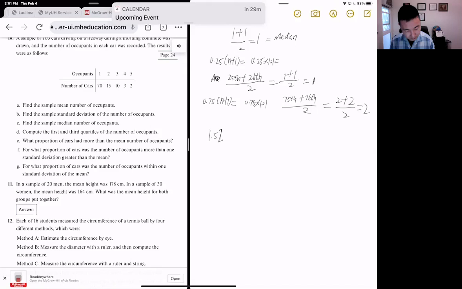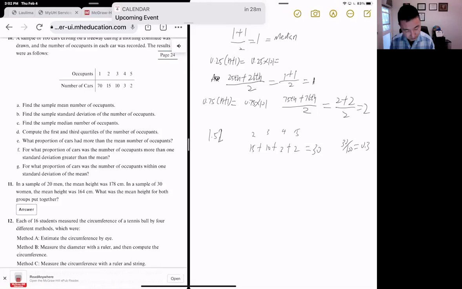For 2 occupants, we have 15 cars. For 3 occupants, 10. For 4, we have 3. For 5, we have 2, based on the table. That totals 30. So we have 30 cars above the mean value of 1.52.